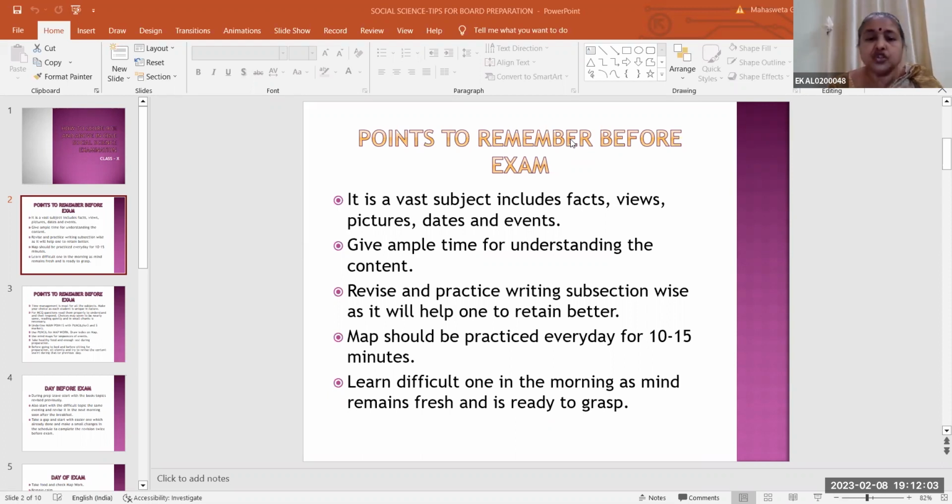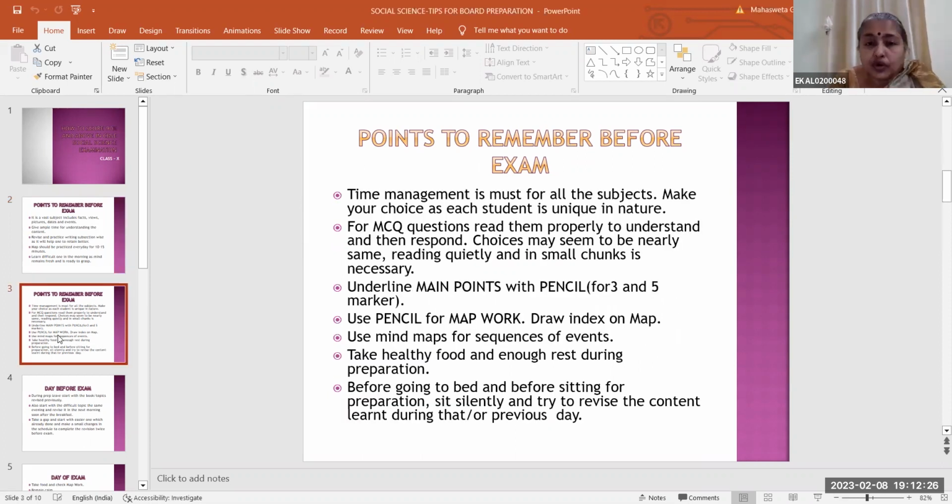MCQ questions are easy to score, and easy to lose marks as well. So for MCQ questions, please see that learning and reading the textbook is a must. If you come to the next slide, what is mentioned is that 4 books, so time management is very important.